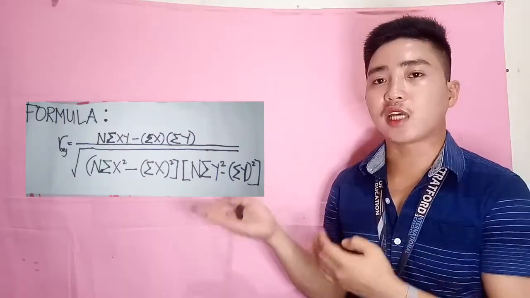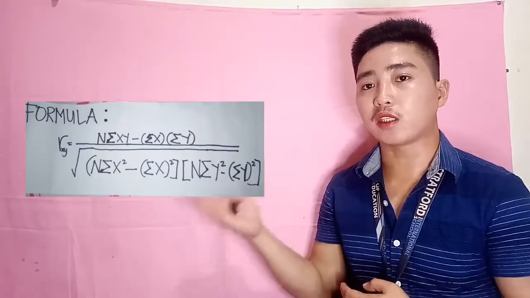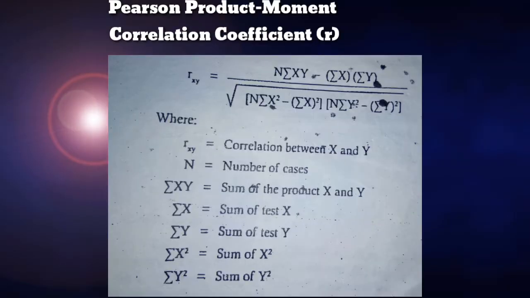So I have here the formula of the Pearson product moment correlation coefficient. Now, let us discuss this formula. To begin with, r is the symbol of the correlation coefficient.